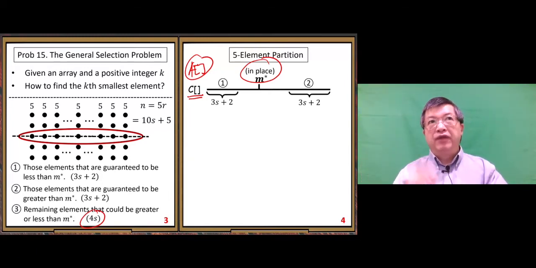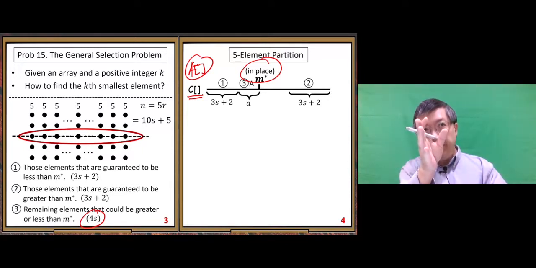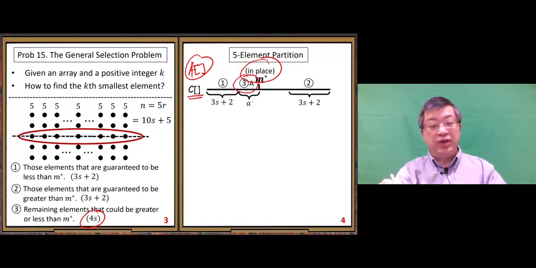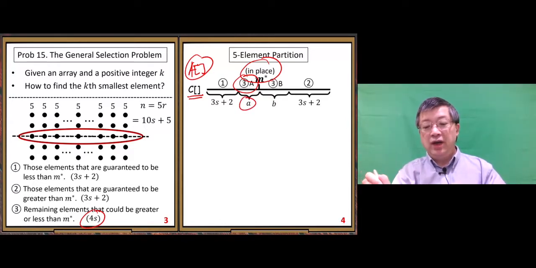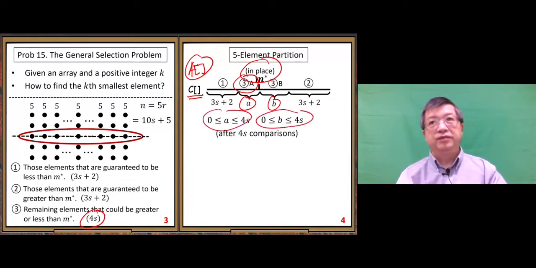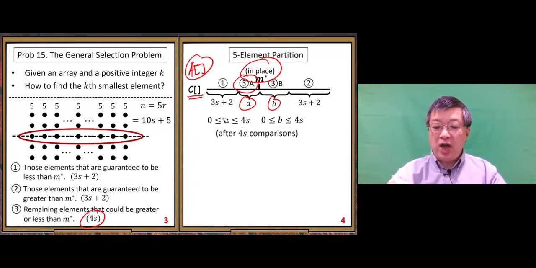After those 4S comparisons, we can determine part of these elements: A is the number of elements less than M star, and B is the number of elements greater than M star. But these two numbers are in this range. So that's the partition step.